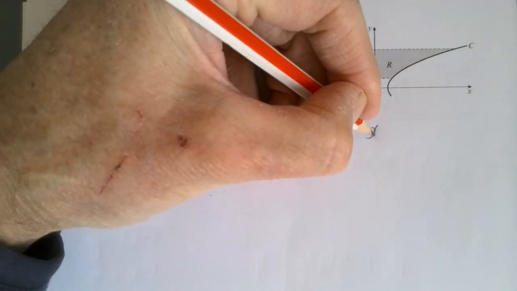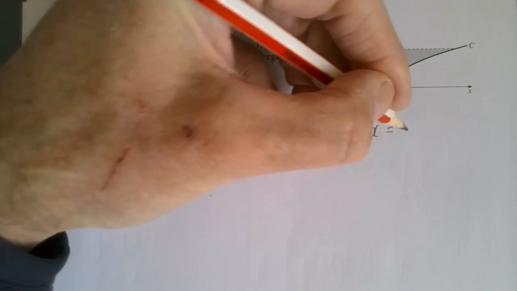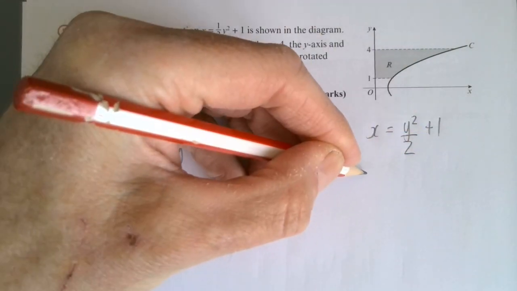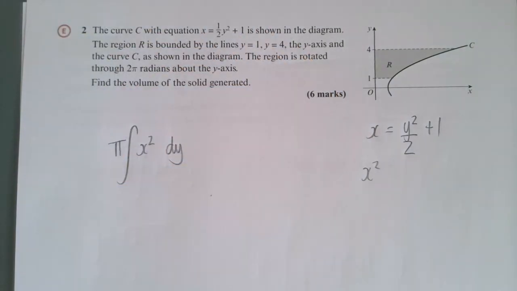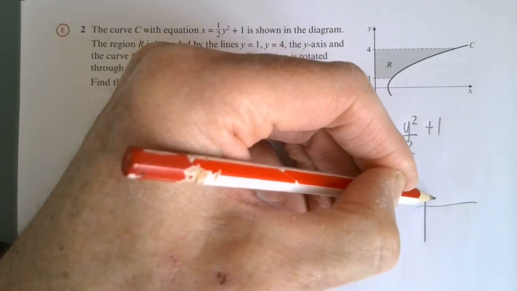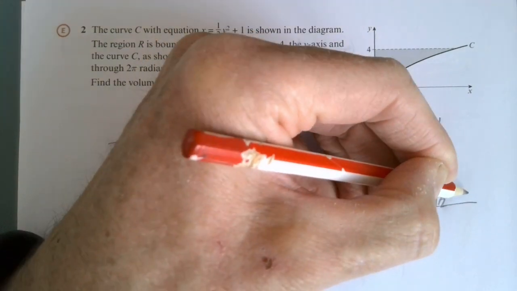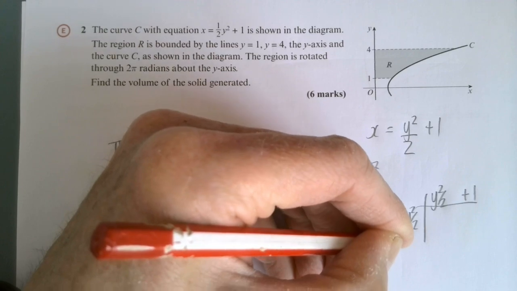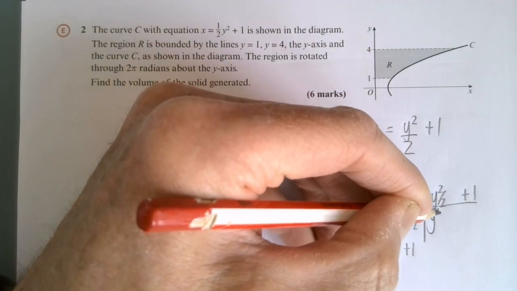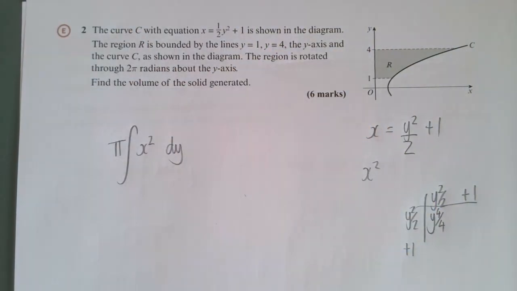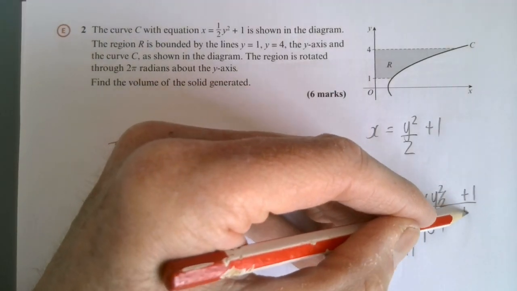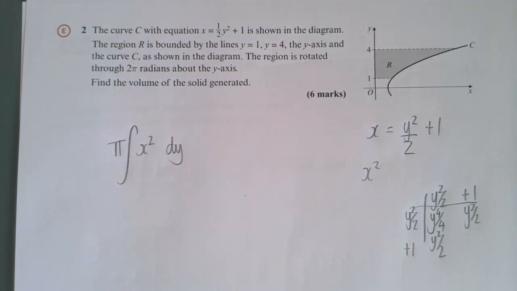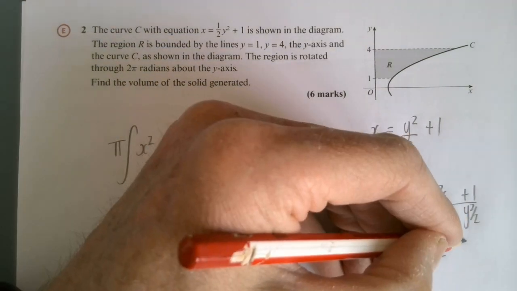All I've got to do is to square it. So if x is y²/2 plus 1, then x squared, I'm just going to have to grid that out. So y²/2 plus 1, y²/2 plus 1, so that's going to give me y to the power of 4/4 plus y²/2 plus another y²/2, which is 2 half y squares, which is going to give me y² plus 1.